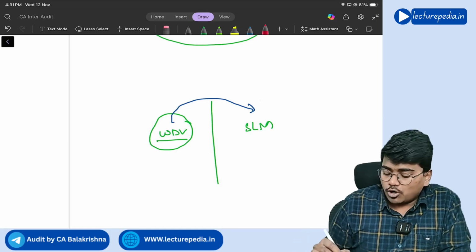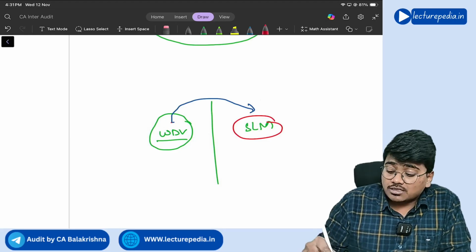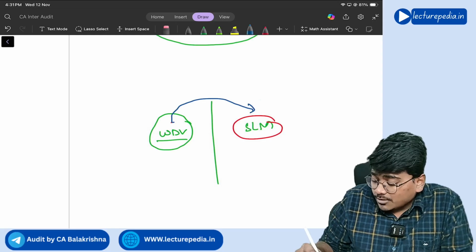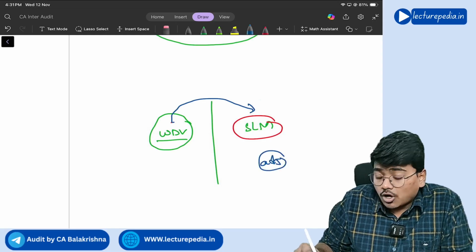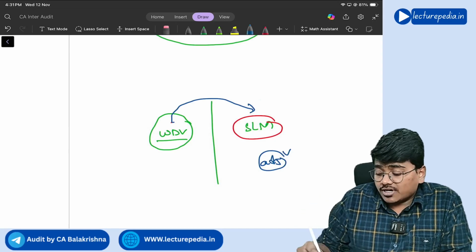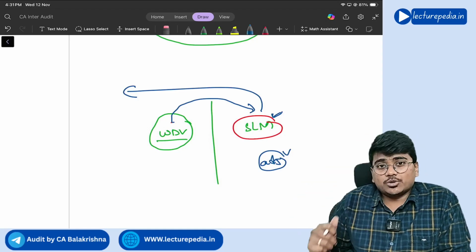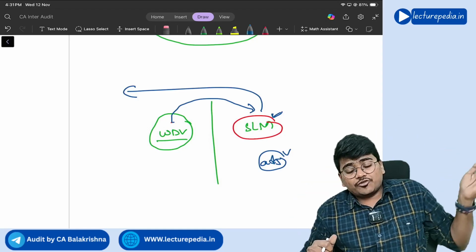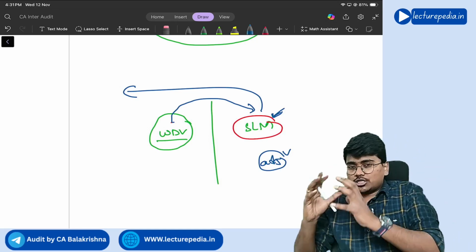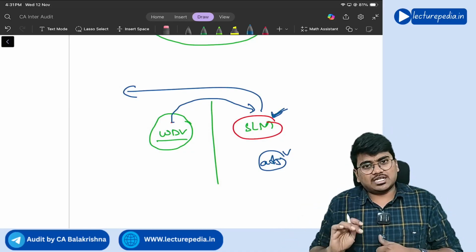So let's say you want to change from WDV to SLM for this year, then the requirement is that you need to make an adjustment of what would have been the depreciation if SLM had been followed retrospectively. Okay, from the beginning itself, if you had followed SLM, what should have been the value of the asset and what should have been the depreciation, that effect you give now and follow SLM.